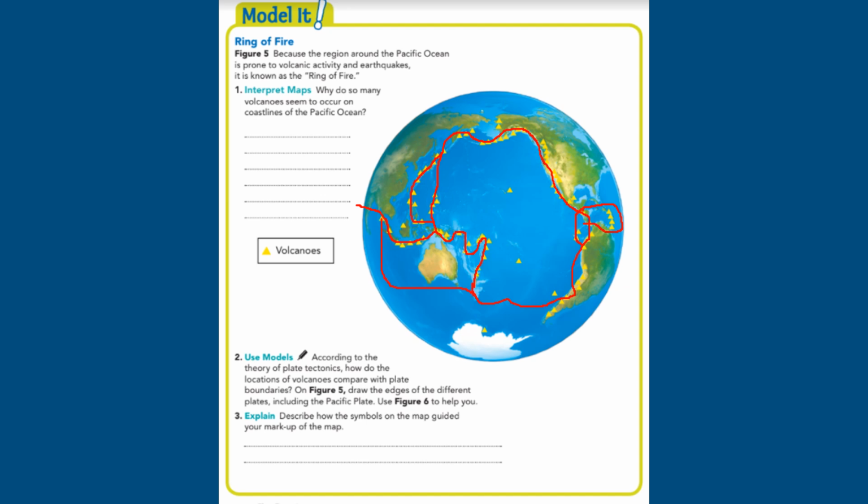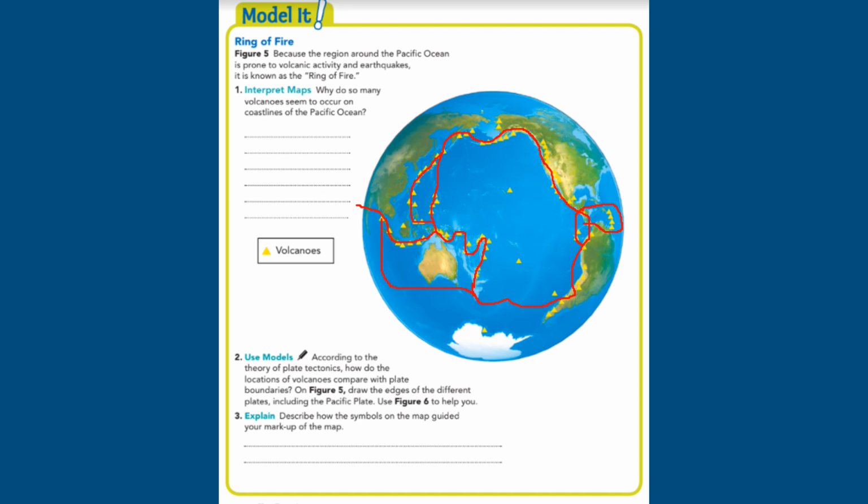So there are more, and you guys can continue drawing those in your book, but it should look something similar to this. I would think that you guys could probably draw better considering you have a pencil and paper and are not using a tiny keypad on the laptop. So describe how the symbols on the map guide your mark up of the map.